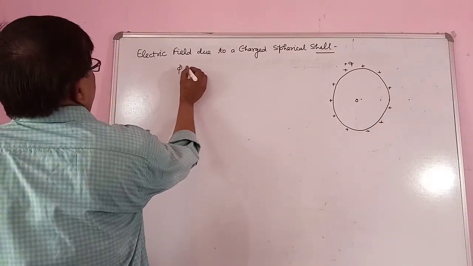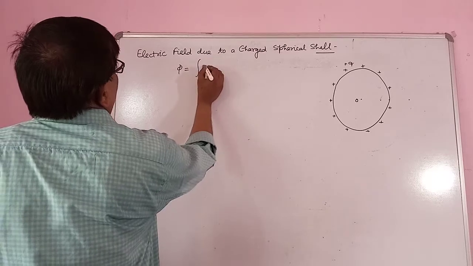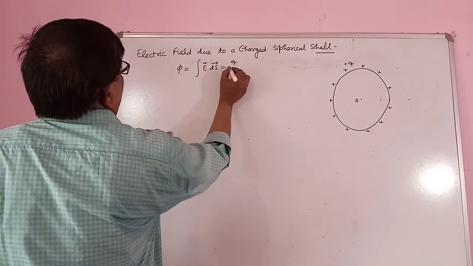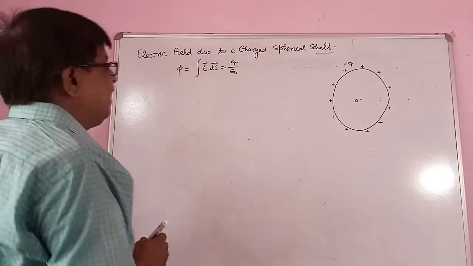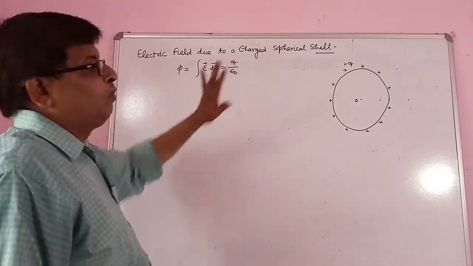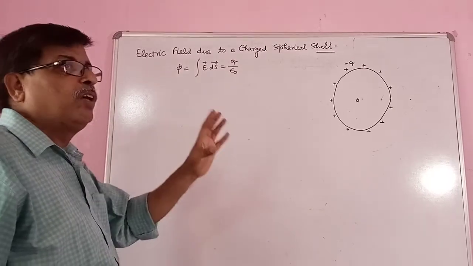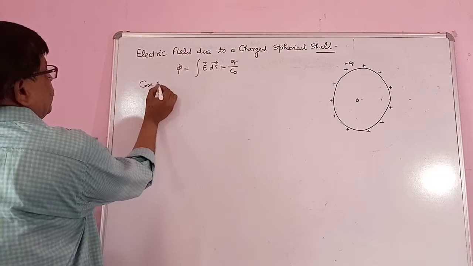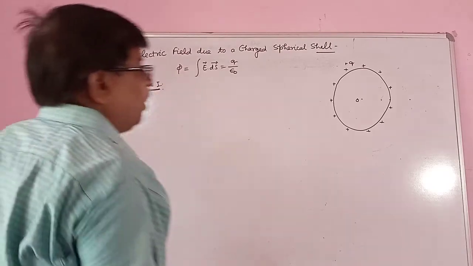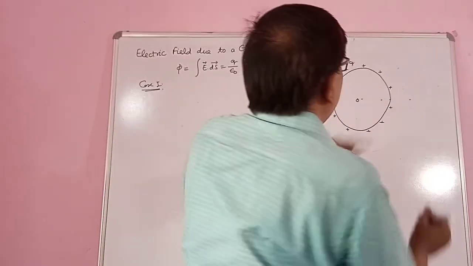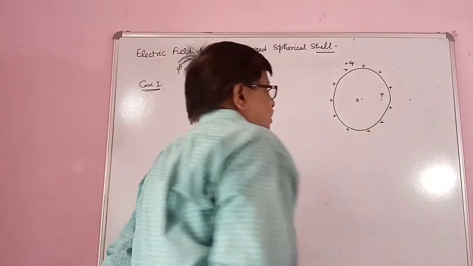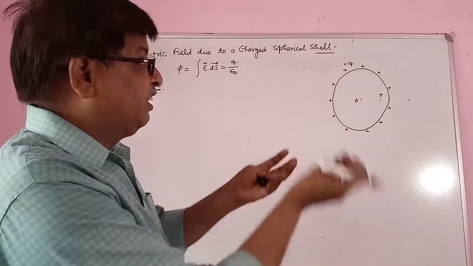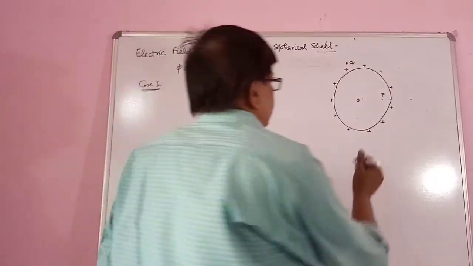So one by one we take. What is Gauss theorem? This is phi equal to closed integration of E dot ds equal to Q upon epsilon. Now we take one by one three cases. Case 1, when point P is placed inside the Gaussian surface.